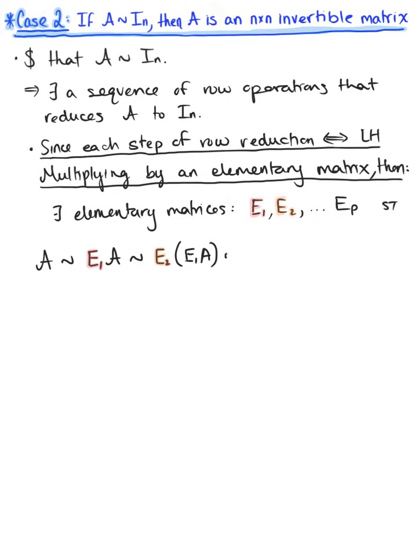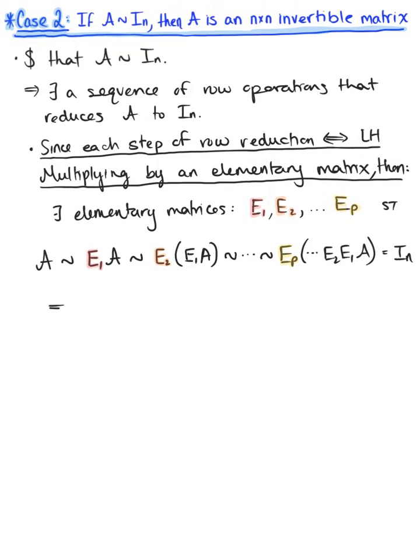And we continue with this row reduction process all the way to that very last elementary row operation, E sub P, multiplied by all of the previous elementary row operations. And this is going to be equal to the n by n identity matrix.